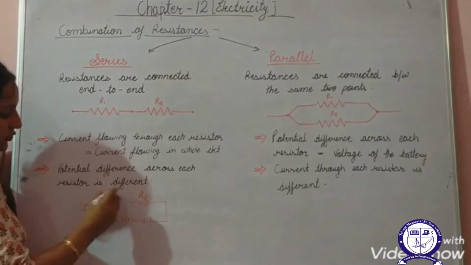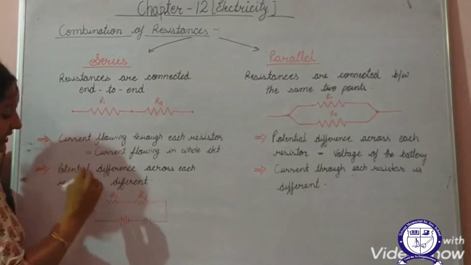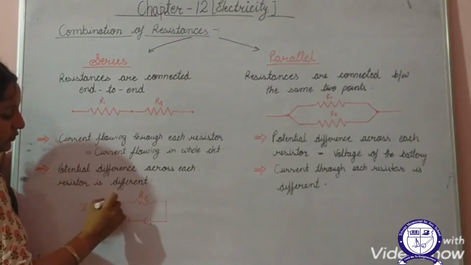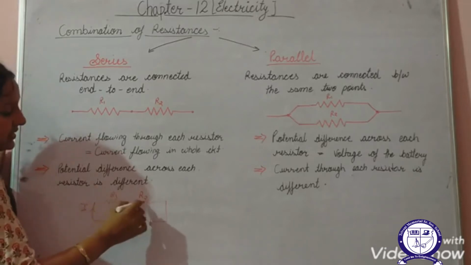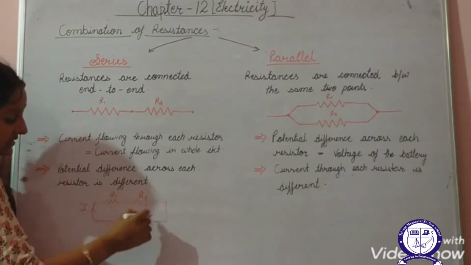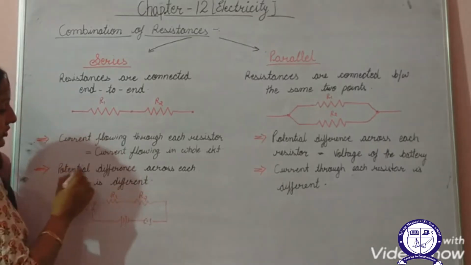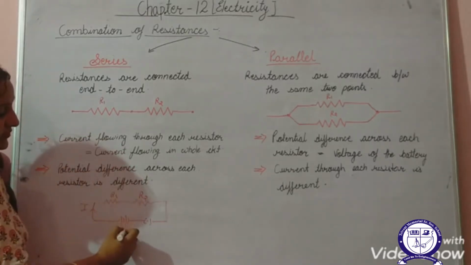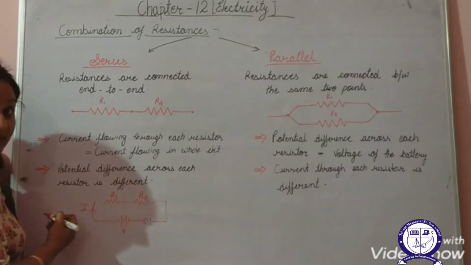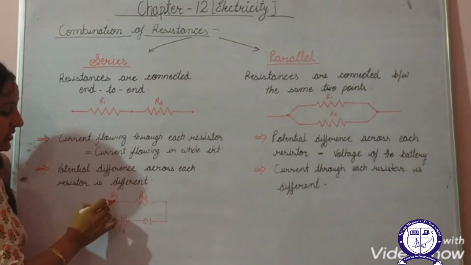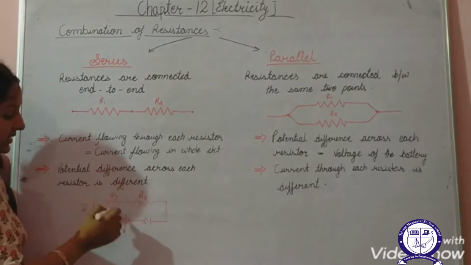Let the total current flowing through the circuit be I. Then the same current I will flow through R1 and the same current I will flow through R2. That is, in this circuit the current flowing is the same. But if we talk about the potential difference, suppose V is the potential difference of the battery, then the same potential will not be there across R1 and R2. It will be different.